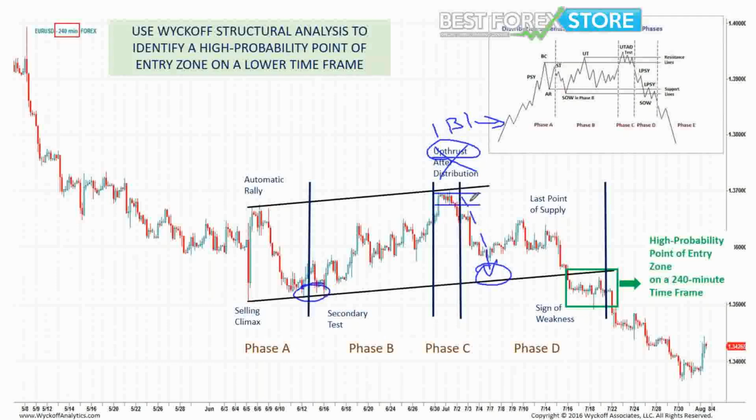So under this scenario, the bias is what? It's downside. Okay. And if we're thinking that this is phase C, upthrust of the distribution, what's the bias there? It's also downside. So in both cases, the bias is to the downside, whether we are right about which phase we are in or not, and therefore we can trade intraday to the downside.